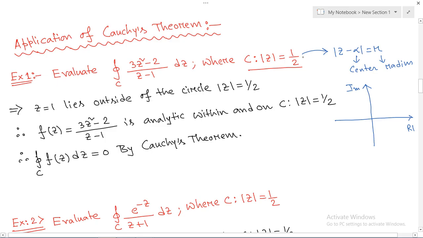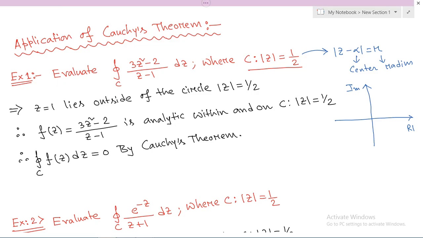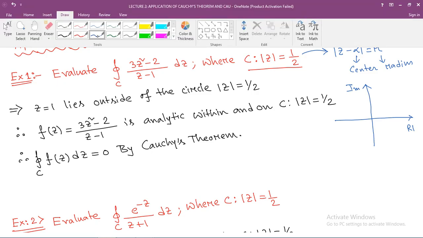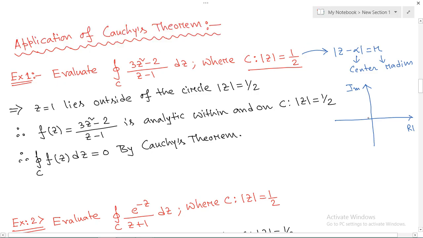So this is a circle which is centered at 0 and having radius 1 by 2. The center is at 0 and the radius of the circle is 1 by 2, so it goes to plus 1 by 2 and minus 1 by 2. So this is the circle over which we have to perform the integration.